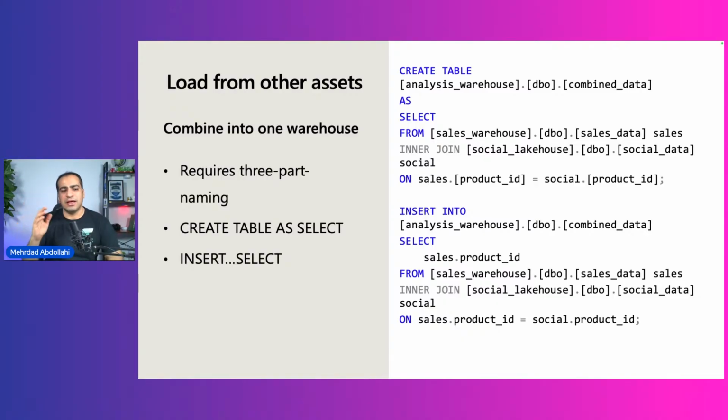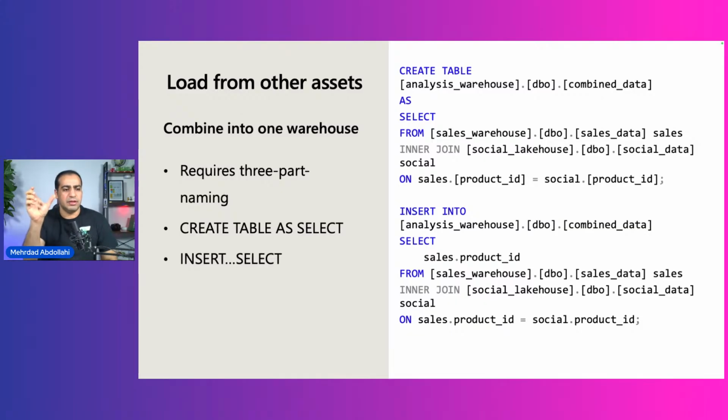It is just adding the SQL endpoint, the SQL API endpoint, to your data warehouse, and just querying that and accessing the data in another item like a data lakehouse, where you can just choose your data, transform it, and load it to your data warehouse. For example, in this example, you actually require three-part naming.